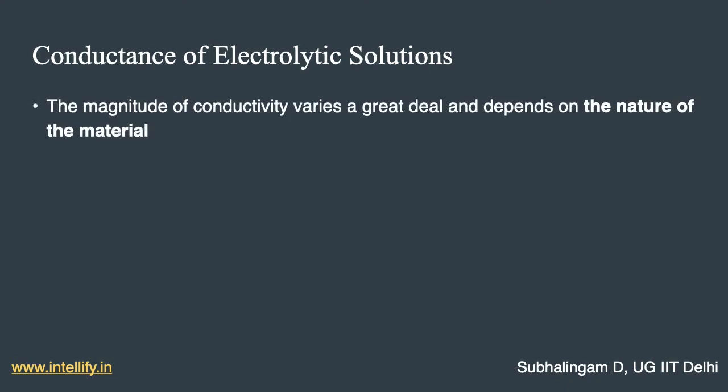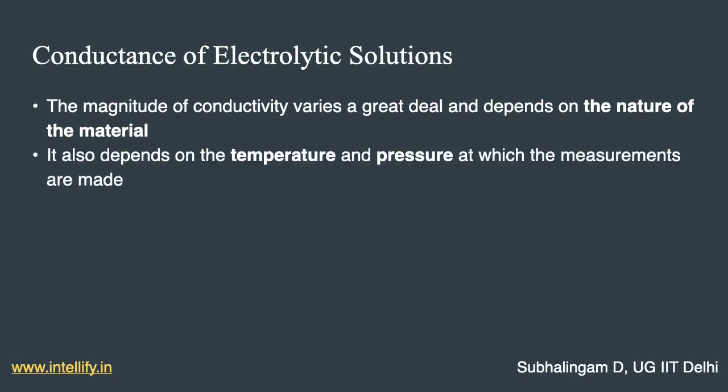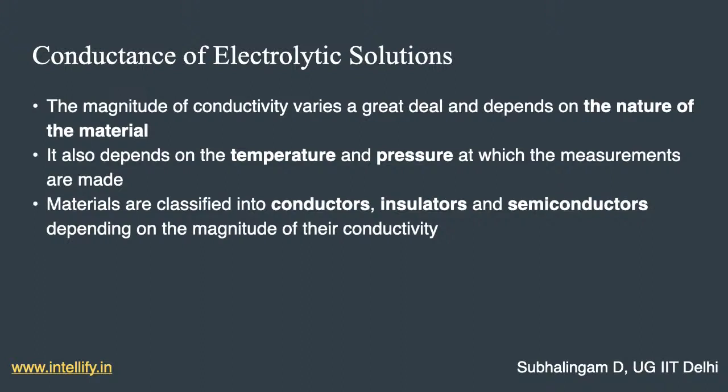The magnitude of conductivity varies a great deal and depends on the nature of the material. It also depends on the temperature and pressure at which the measurements are made. Materials are classified into conductors, insulators, and semiconductors depending on the magnitude of conductivity.